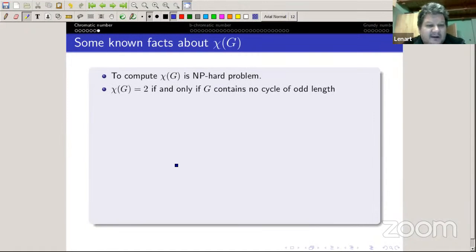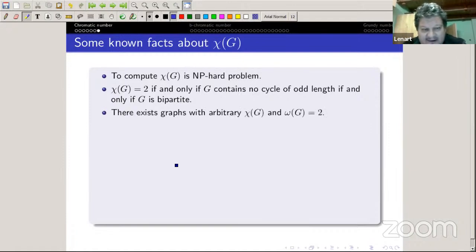But for some simple examples, we can state some exact results, and we can say when the graph has chromatic number 2. This happens if and only if G has no cycle of odd length. And this is actually if and only if G is bipartite. Again, if you don't know what bipartite is, it's not really important for this talk.